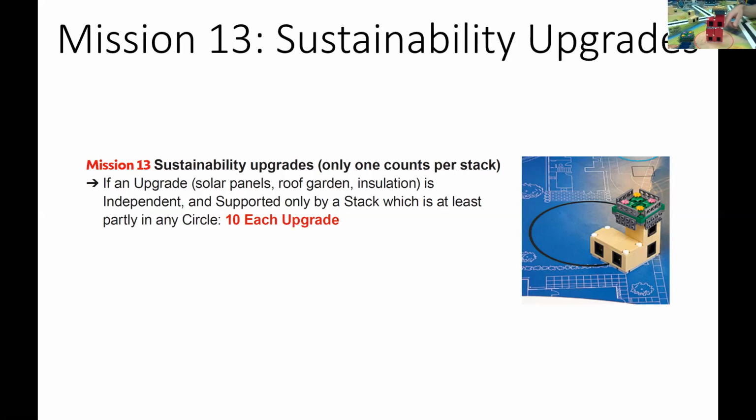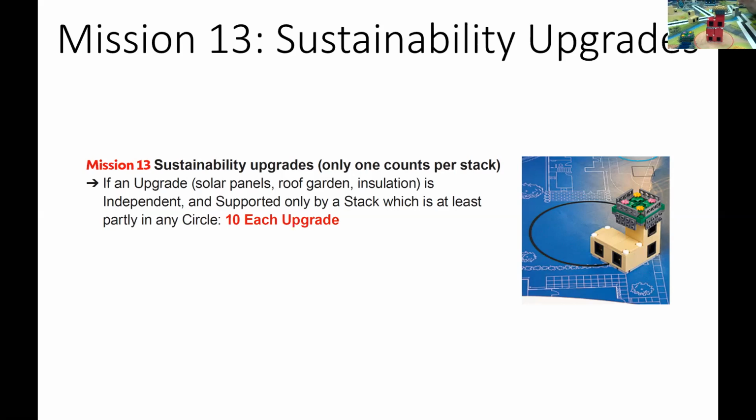Then we have 1, 2, 3, 4 levels, so we get 20 points for that, so that's 30. And then we have this thing that's an upgrade, and it is independent and supported only by a stack, the whole stack, and it's at least partly in a circle, which it is, and then we get an extra 10 points for the upgrade.